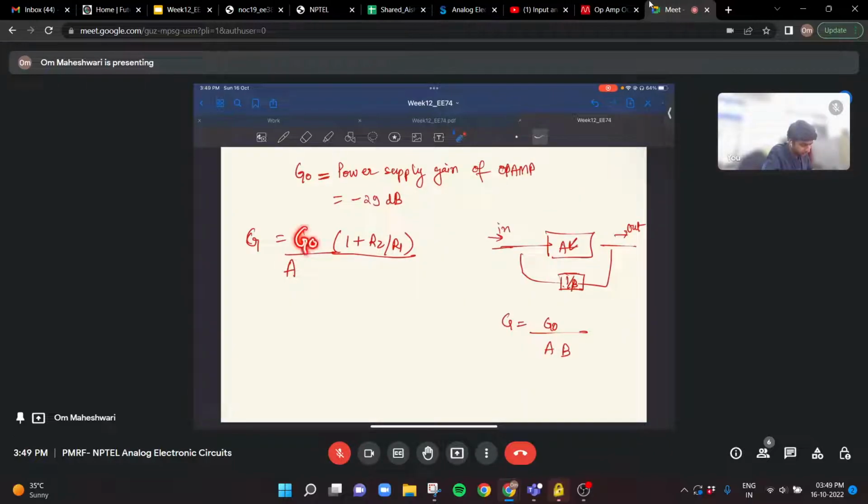A similar thing will be done with the power supply gain of the op amp. If we put it in, what should we get? A is 1319, 1 plus R2 by R1 is 23 by 19, and G naught is minus 29 dB. We need to first convert it to real scale.